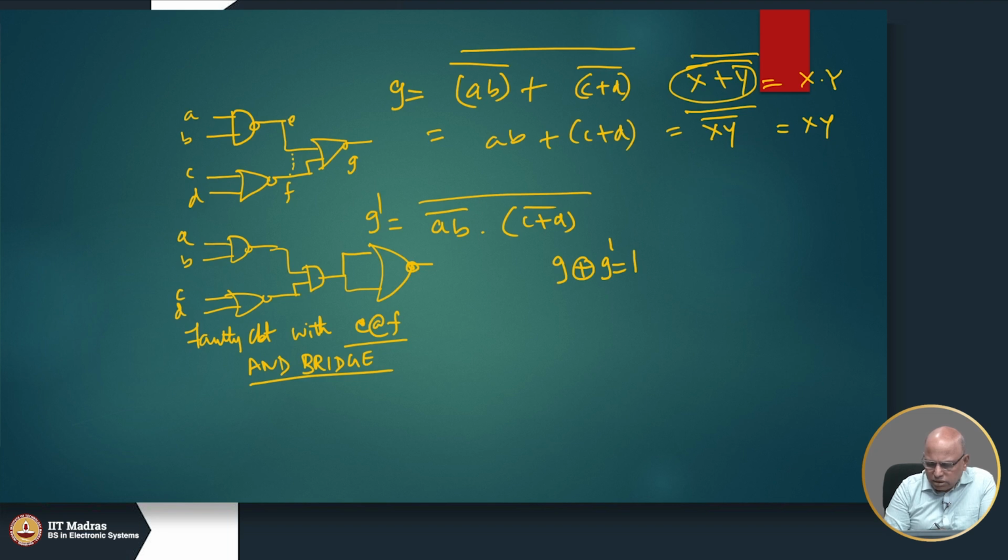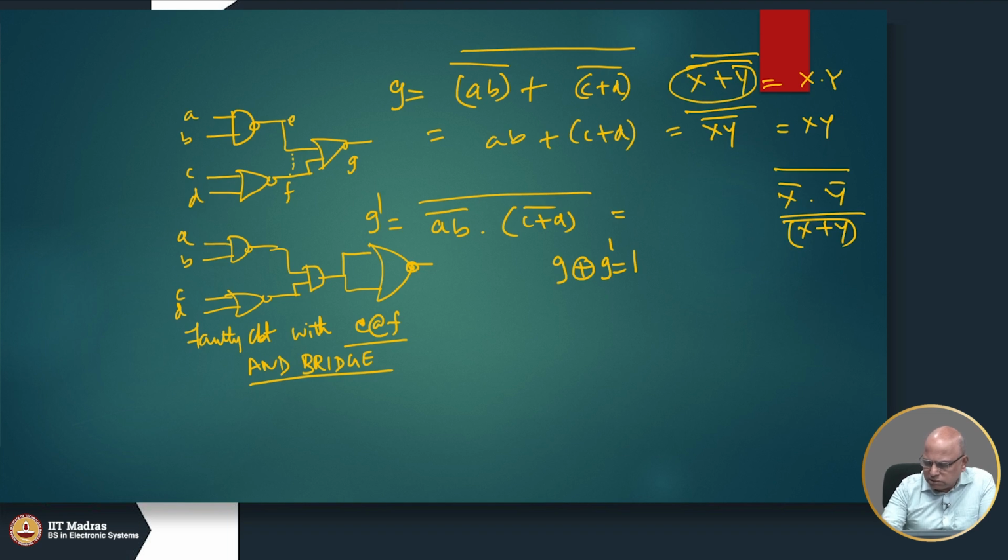In the same way, G prime is of the form x bar dot y bar, whole bar. So this is of the form x plus y, since x bar dot y bar is x plus y whole bar, and that whole thing is inverted.